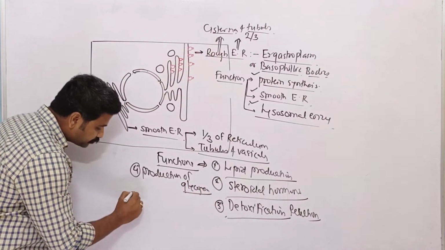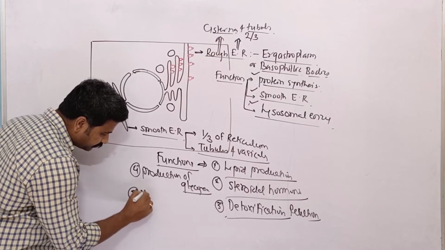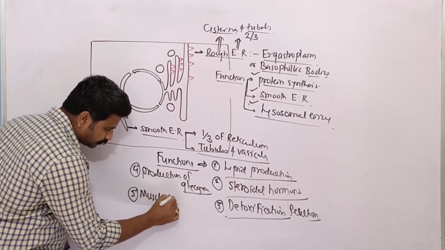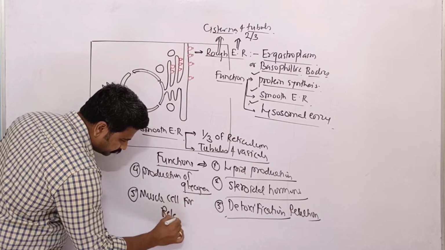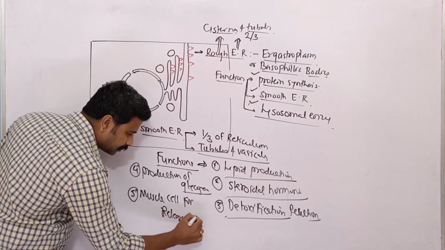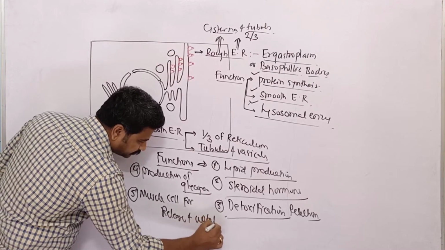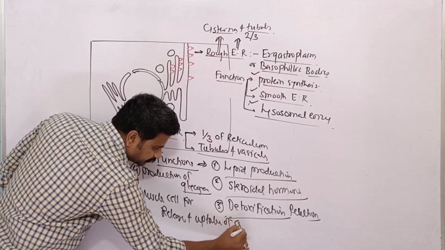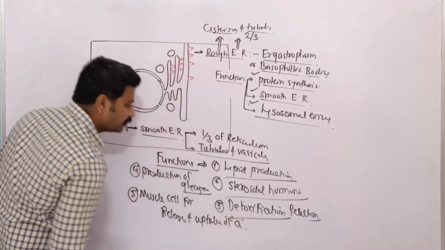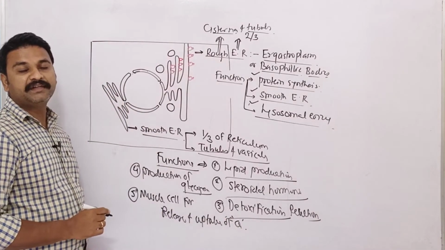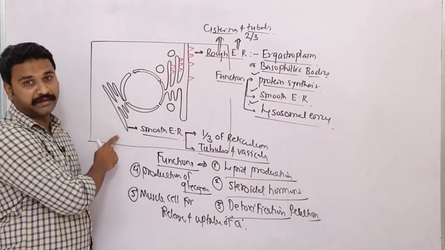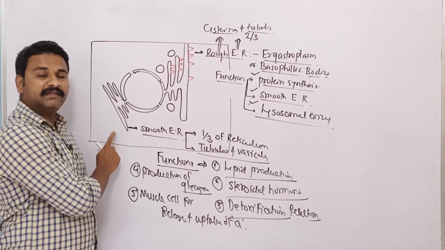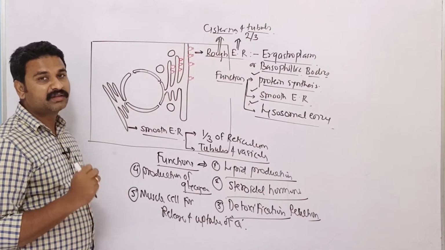Next, it also helps the muscle cells for release and uptake of calcium. The sarcoplasmic reticulum present in the striated muscles is actually the smooth endoplasmic reticulum, and it stores the calcium ion.